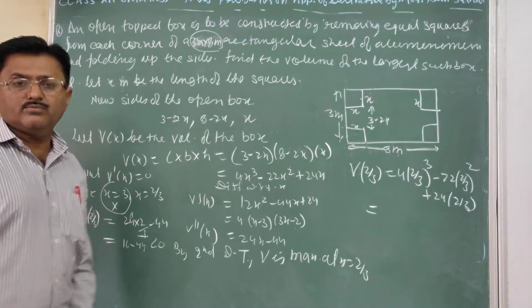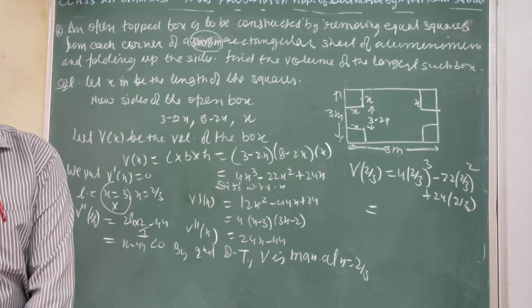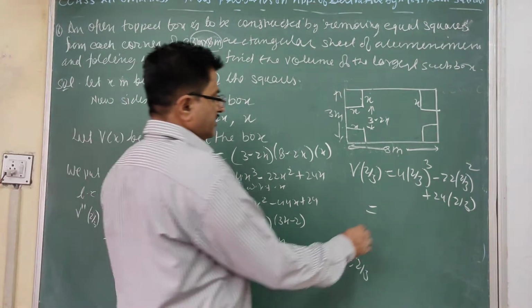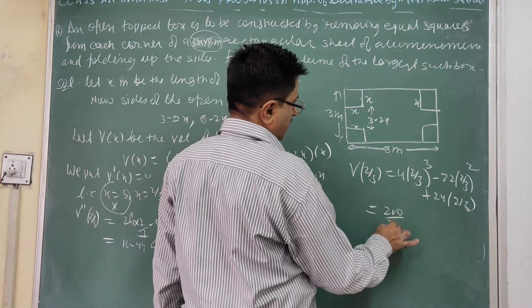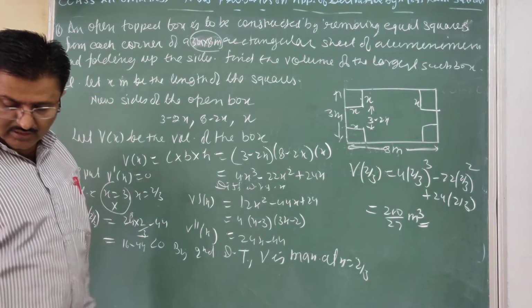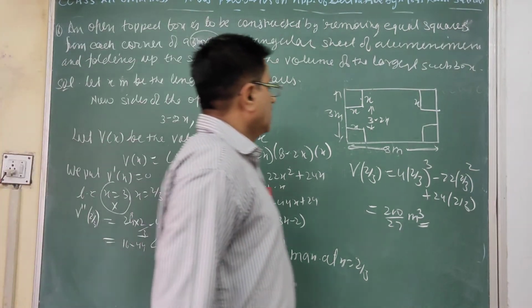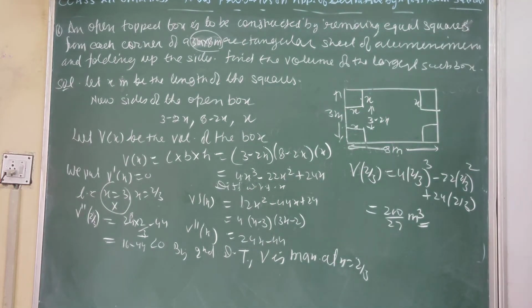Now you can simplify the value. That value will be 200 by 27 cubic meter. So this is the value of the largest cuboid formed from the given aluminium sheet.